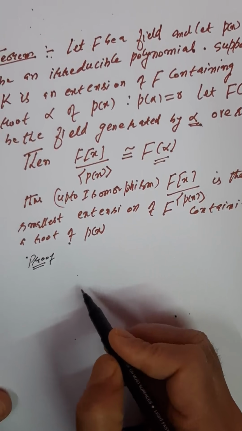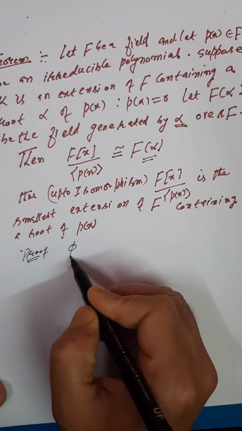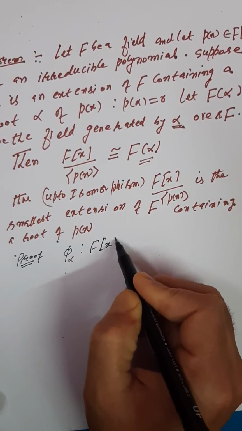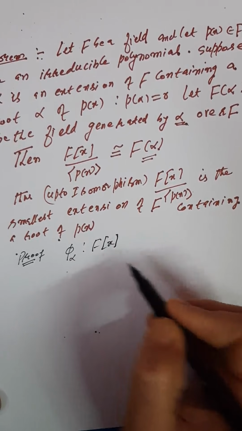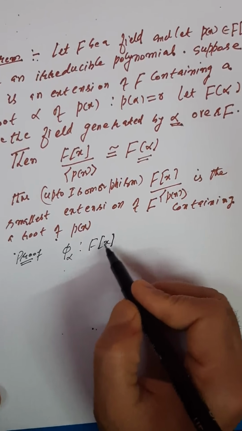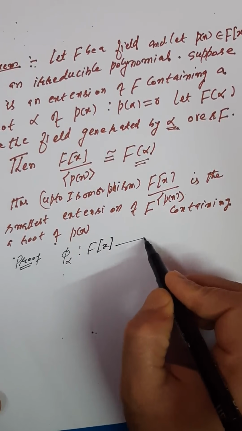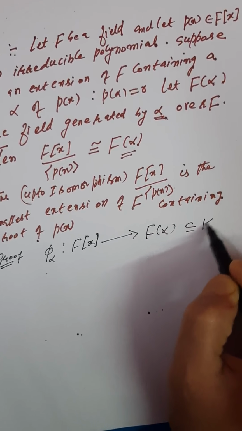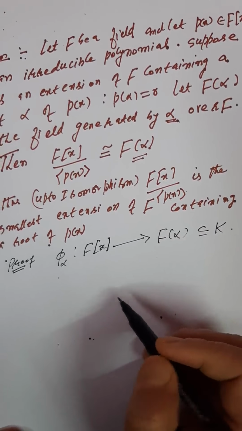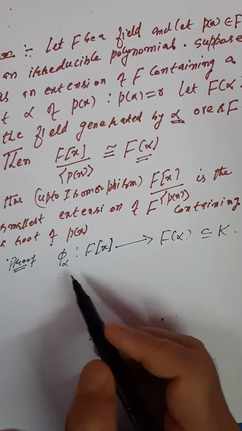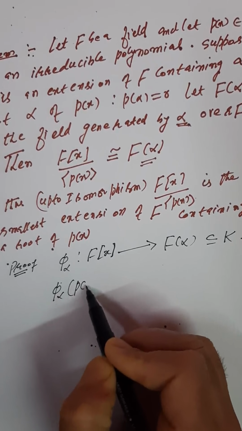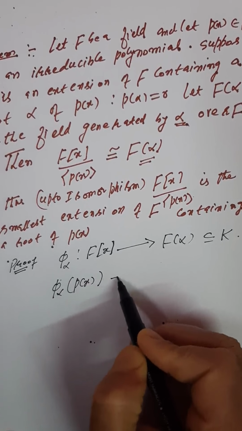So we have an evaluation homomorphism phi alpha from this ring of polynomials in x with coefficients from F to this F(alpha). F(alpha) is a subfield of K. So how do we define this evaluation homomorphism?